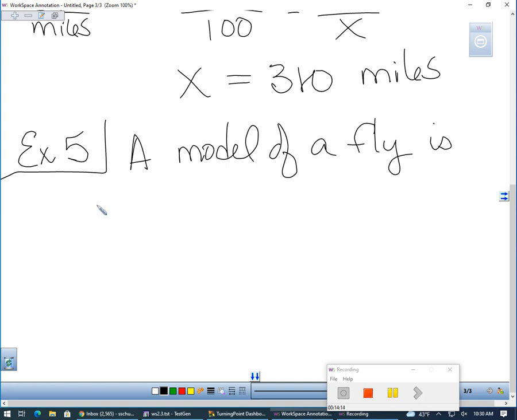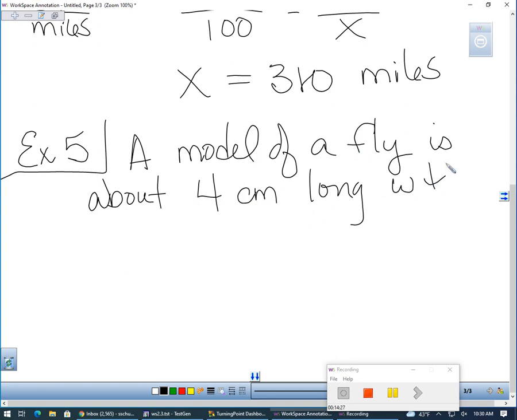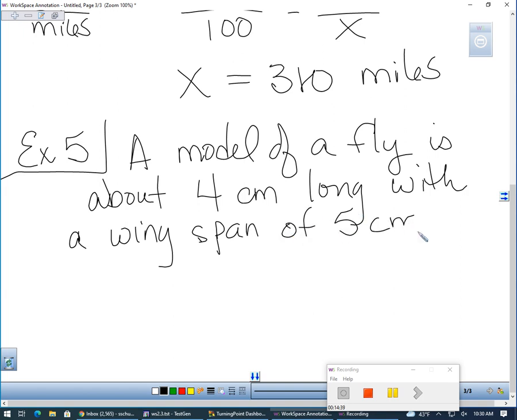Is about 4 centimeters long, with a wingspan of 5 centimeters.